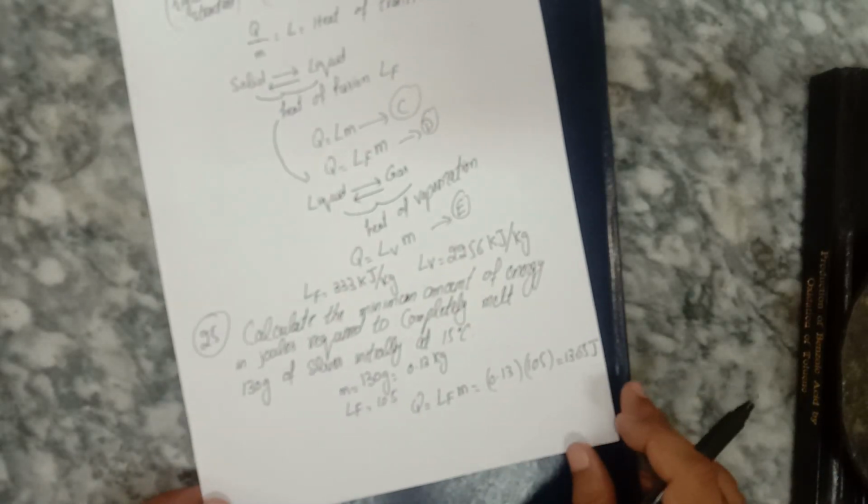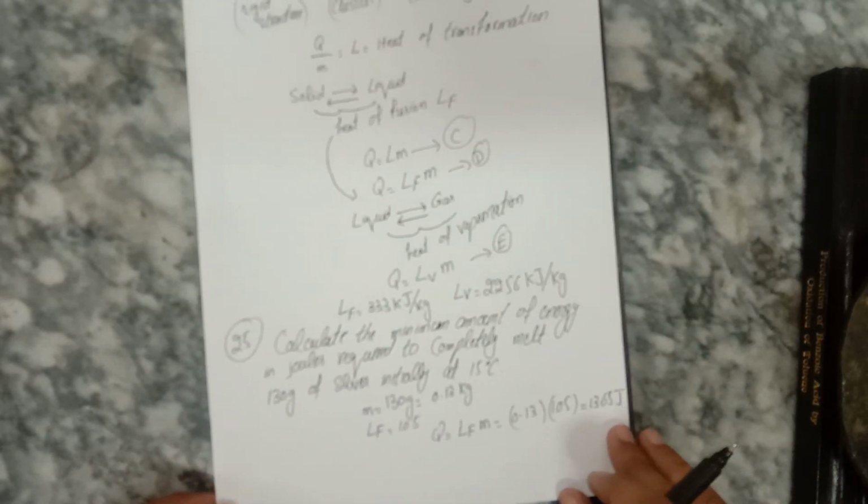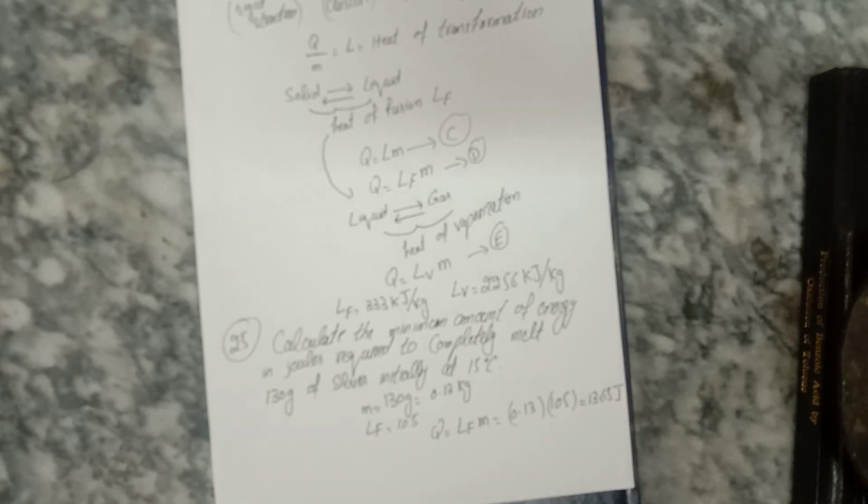So this is one of the numericals. Hopefully by using these formulas you can solve many other numericals in this book as well. So in the first part of this lecture I have told you about different terms like heat capacity, specific heat, molar specific heat, and heat of transformations.